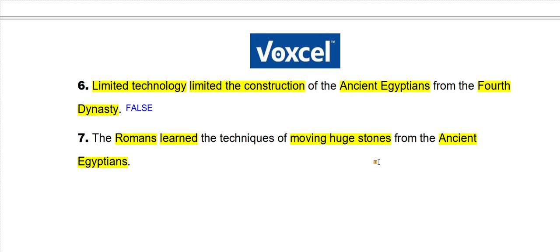Whenever the answer will be false, when Romans learned from somewhere else, not from ancient Egyptians. Whenever the answer will be not given, when we don't know whether they learned how to move huge stones from ancient Egyptians, or whether they learned from somewhere else.